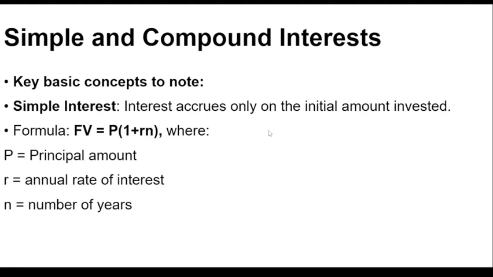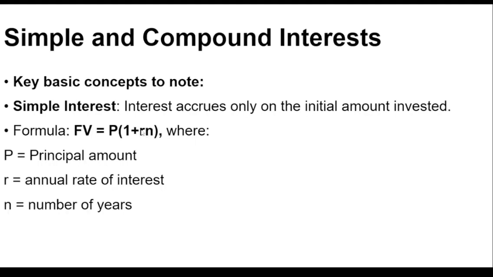Now the formula for calculating simple interest is this. In order to find your future value, or what you call the amount, the total amount of your money in an investment account, we take the principal amount and multiply it by 1 plus Rn.